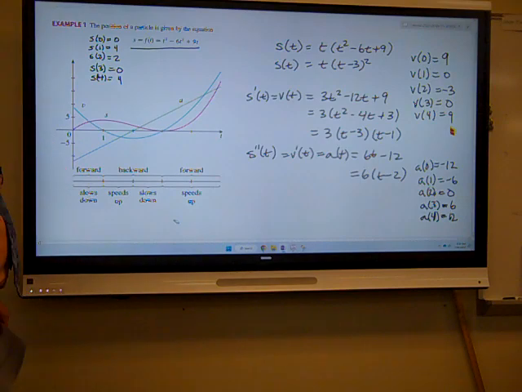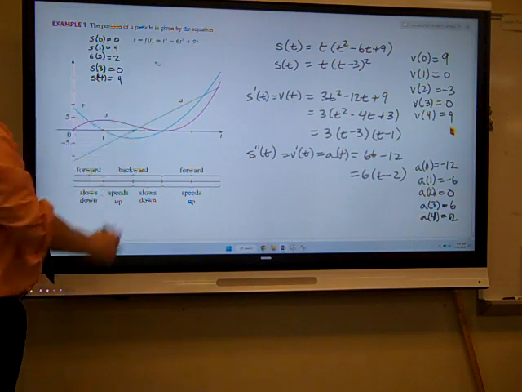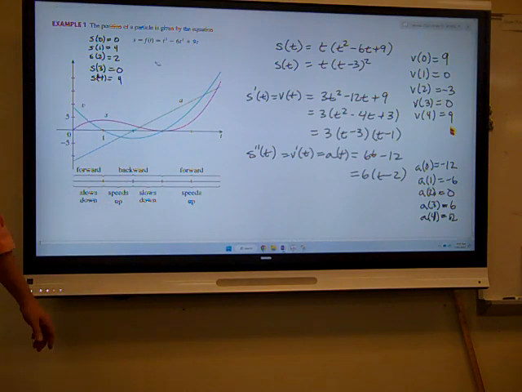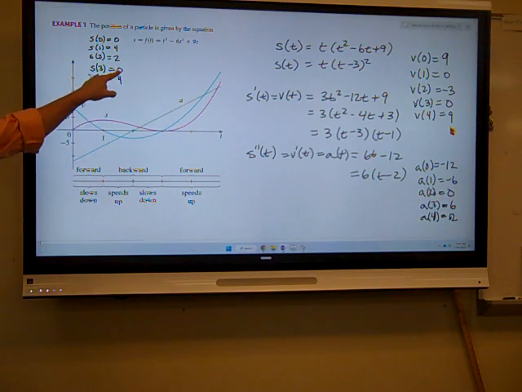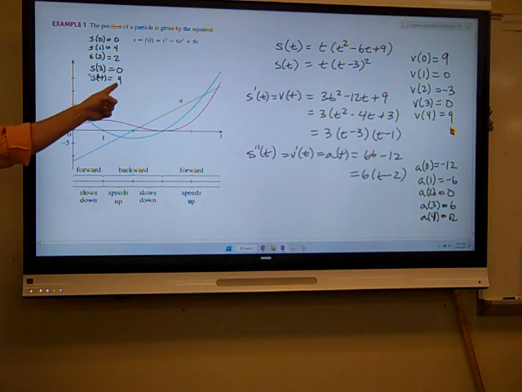All right, everybody, if I ask you for displacement at any given time, what's the position at time equals 3? It's 0. What's the displacement at time equals 4? 4.